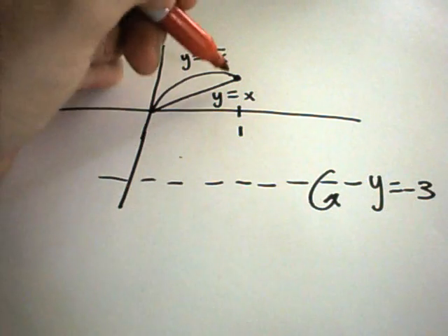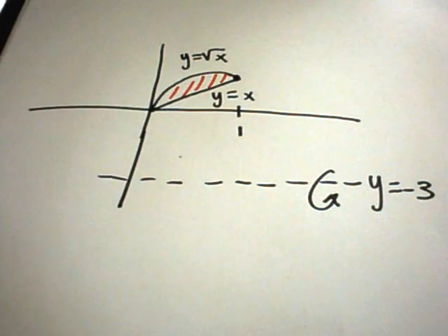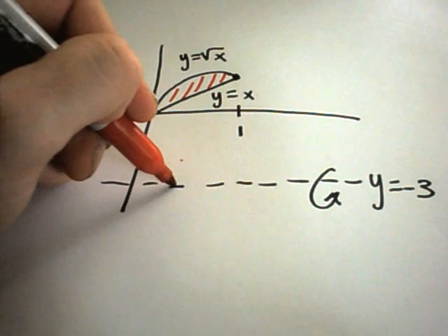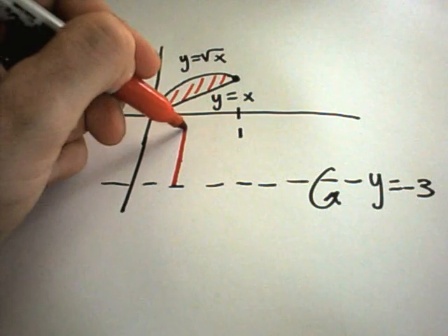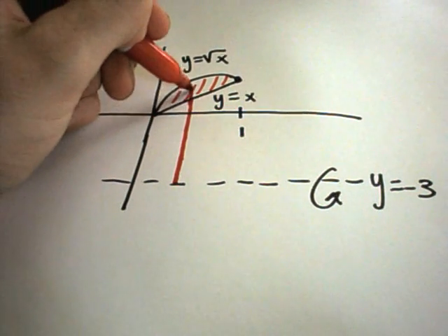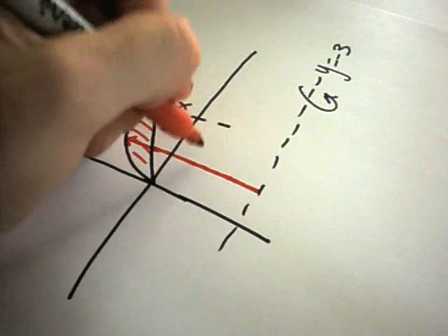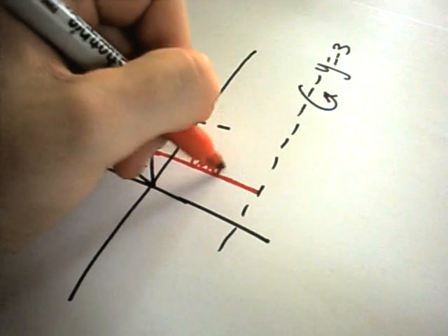So again, here's my region that I'm rotating. Whatever line I'm rotating about, I start right there, and I draw a line through my region, just until it stops. And again, that's going to be considered the outer radius.